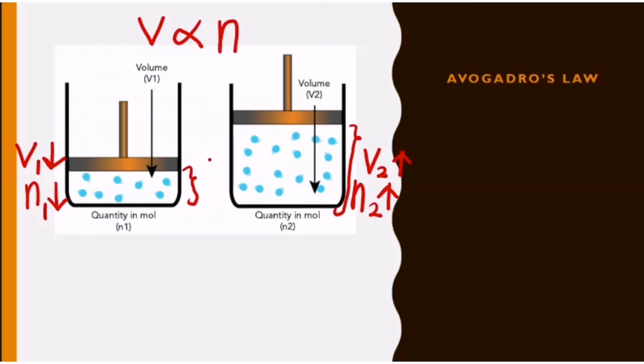So, we can apply the product of V1 over n1 equal to K, and V2 over n2 also equal to the same K. Next, we combine both equations, and we will have V1 over n1 equal to V2 over n2.